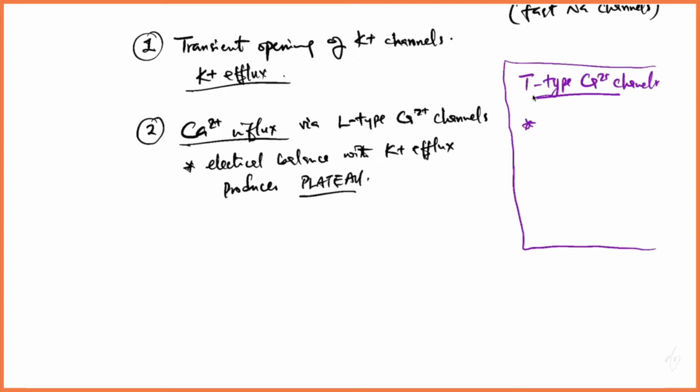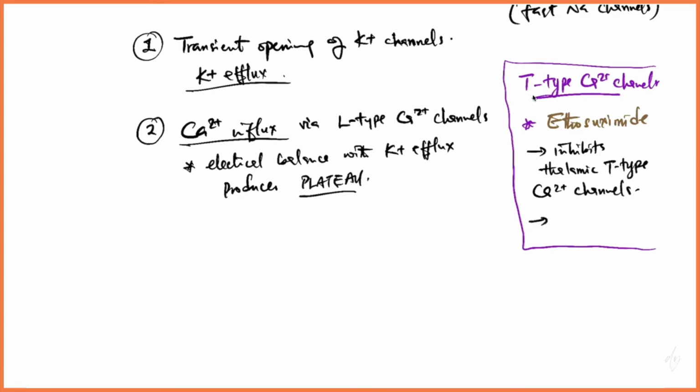I hope you're thinking of ethosuximide. You remember that ethosuximide inhibits thalamic T-type calcium channels.